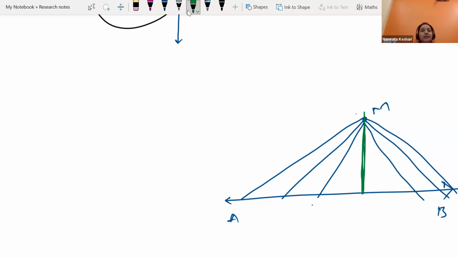Is it visible to you that this perpendicular is the shortest distance? It will be. So whenever in mathematics we talk about the distance of a point from a line, we always mean the shortest distance, that means the perpendicular distance.